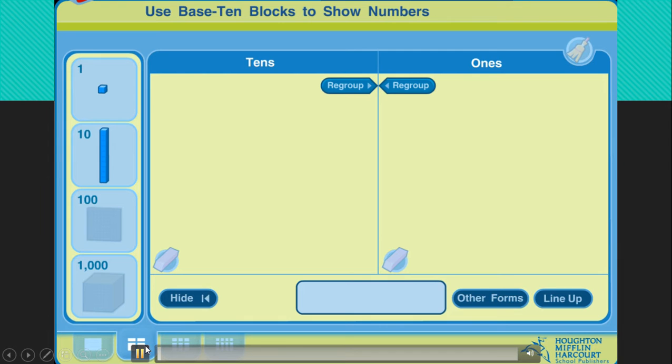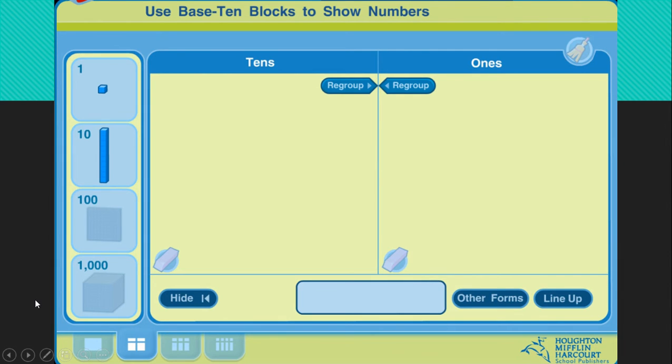All right, to start off, first I want to start with 24. The reason why we're going to start with this is because I want to show what regrouping looks like. I'm going to use my mouse. Here I have a 10, which equals 10 ones. And here we have another 10, which is also 10 ones.